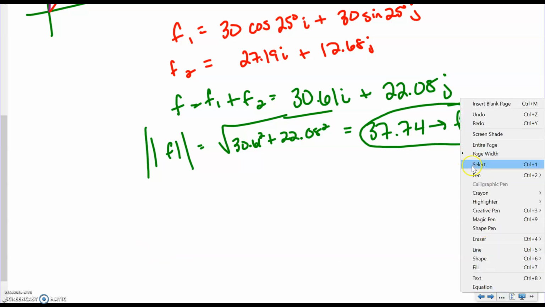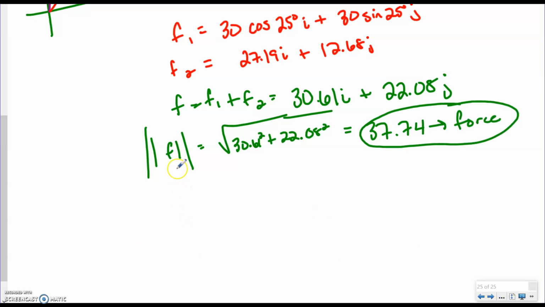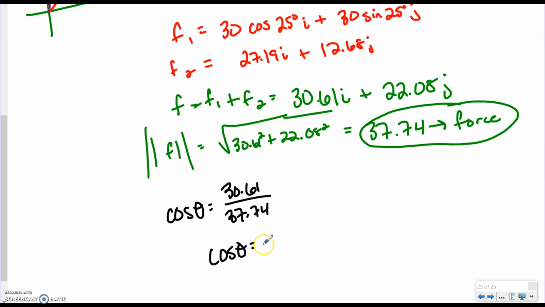And then to actually find the angle, we're going to use the fact that cosine of theta equals the a, which is 30.61, divided by the force, or the magnitude, 37.74. So we get cosine of theta equals about, I lost my calculator.